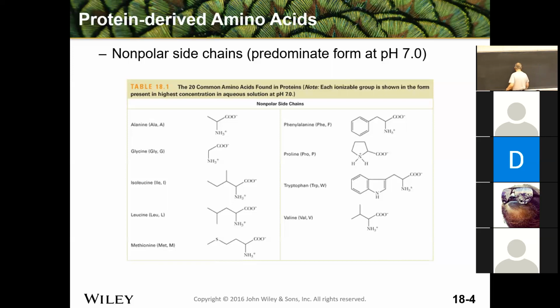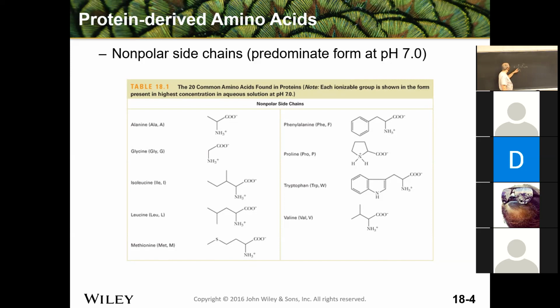So you have the carboxyl group, you have the amino group, and for most of the common amino acids except one, which we'll mention, this will be a primary amine.